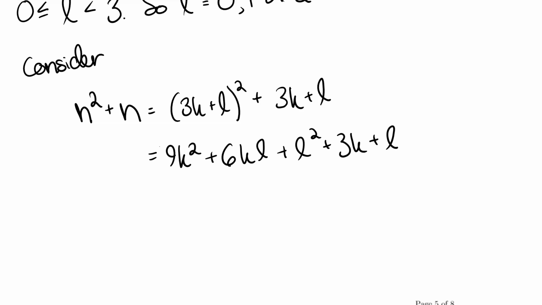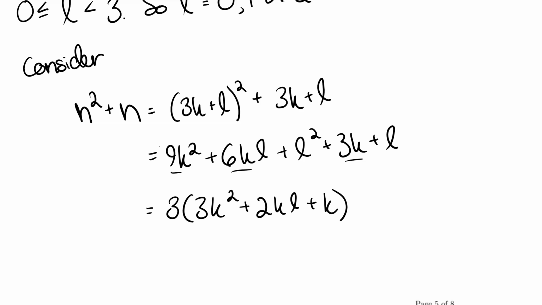So we can pull a 3 out of this, this, and this. So we get 3 times (3k squared plus 2kL plus k). Oh, we could have pulled a k out too, but that doesn't really matter. Okay, so now if we all of a sudden switched over to mod, this whole part would become 0 because it's a multiple of 3. Remember, that's how mod works.